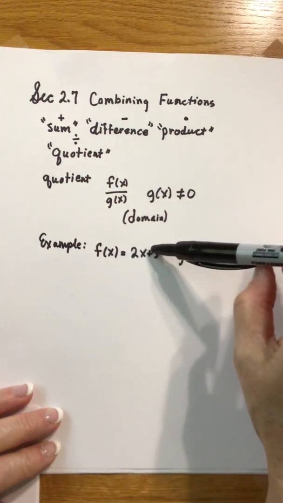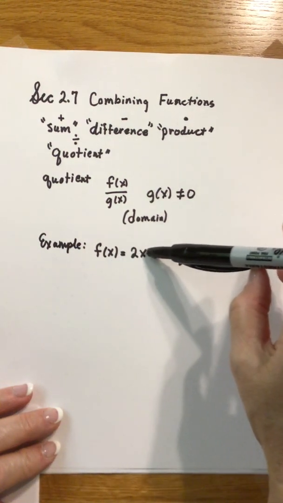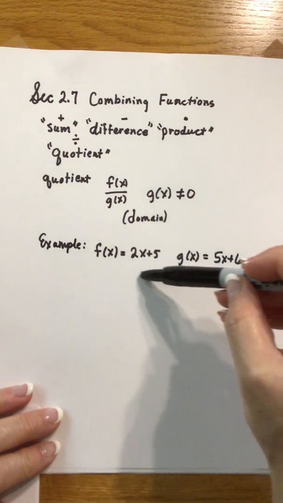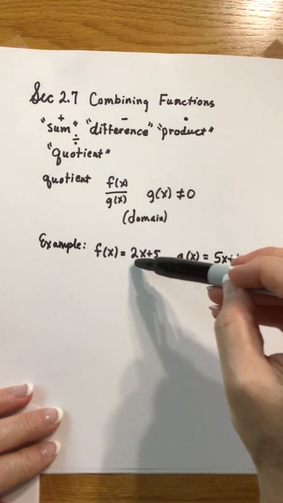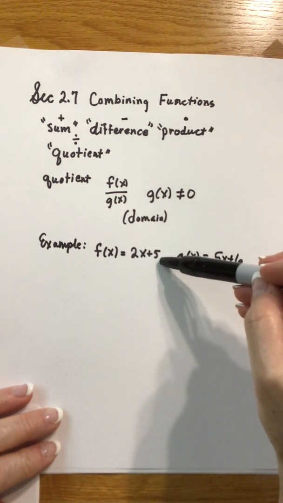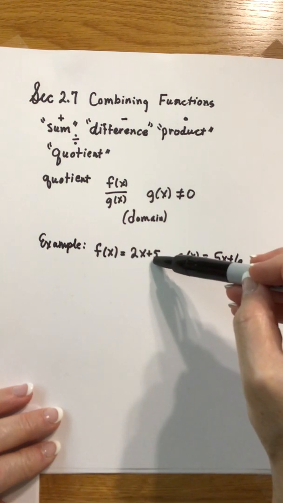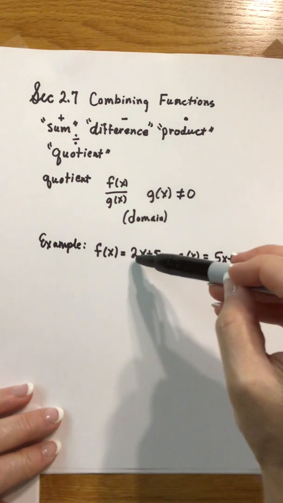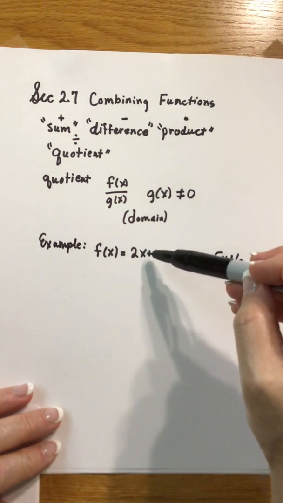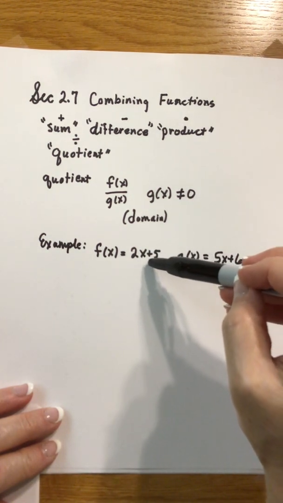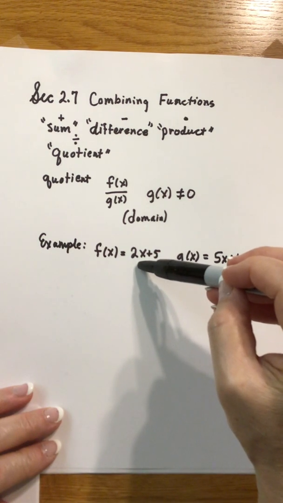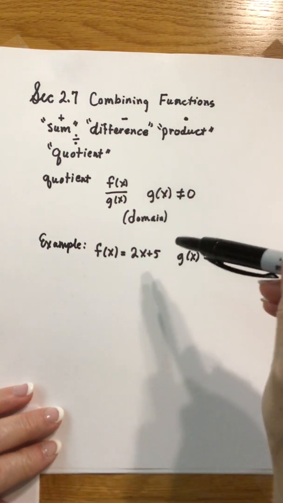y equals 2x plus 5 would be the same as y equals mx plus b. So to graph this, we know that the slope is going to be 2 and the y-intercept is going to be 5. So which way is this one going to slant? It's going to slant upward because it has a positive slope. So we would go up 5 and put a dot, and from there we would do rise over run, rise 2 and run 1.